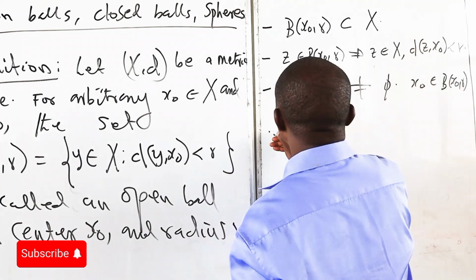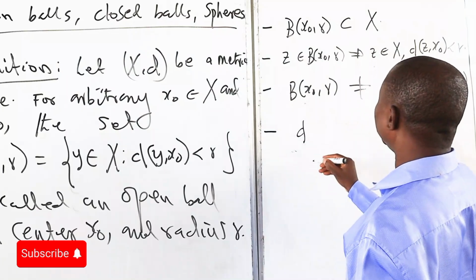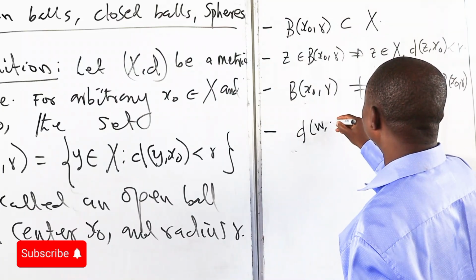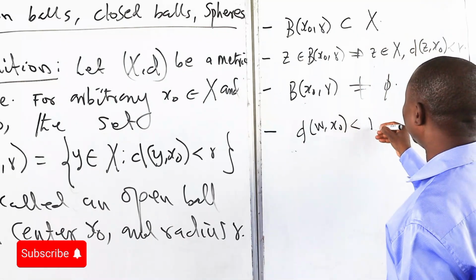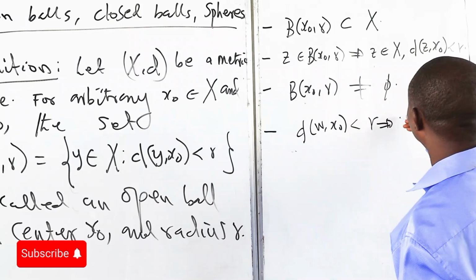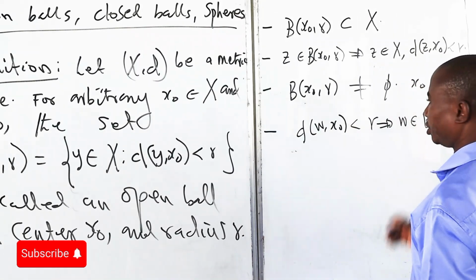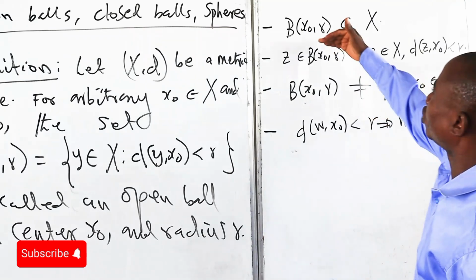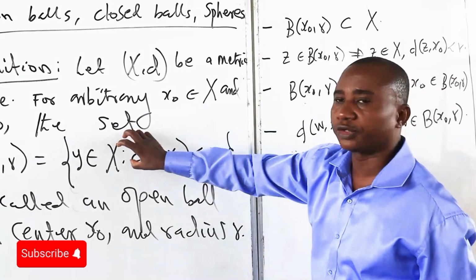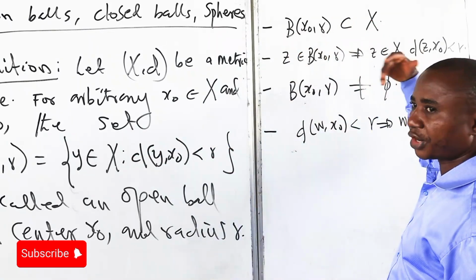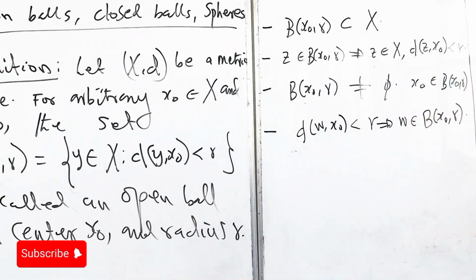Another thing to understand is that if the distance between a point w and x naught is smaller than r, this simply says that w is a member of the ball with center x naught and radius r. So 1, 2, 3, 4 are facts we need to know just from this definition. Once we have them at the back of our minds, we can navigate with them with ease.